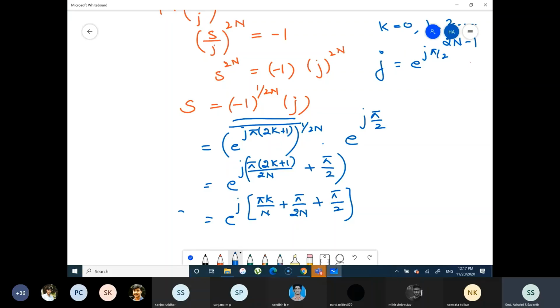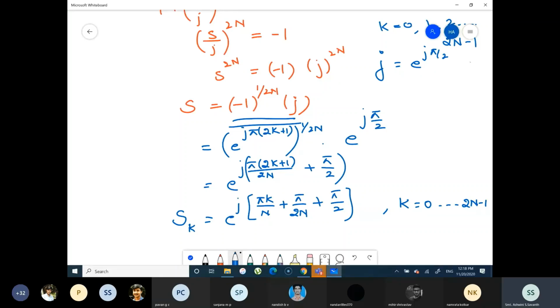So now we have got the location for the poles S, where k varies from 0 to 2n minus 1, because you have 2n poles. So let's denote these poles as Sk. It becomes easier for us to locate the poles.